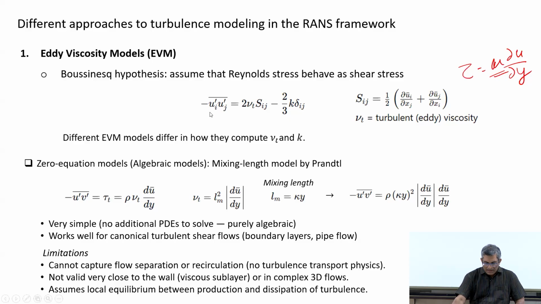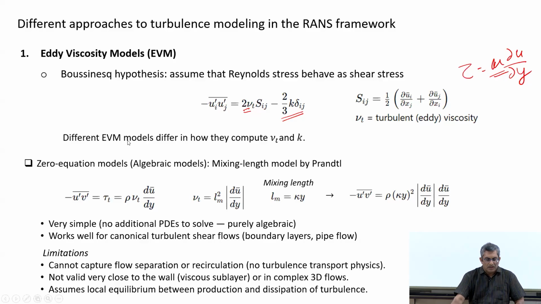So, we can express the Reynolds stress in this form. Here you see the mean strain rate and the eddy viscosity, and we have the turbulent kinetic energy terms along with the Kronecker delta function. This means that this term survives only for the diagonal terms.